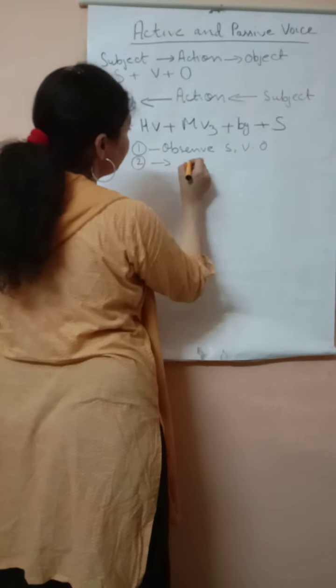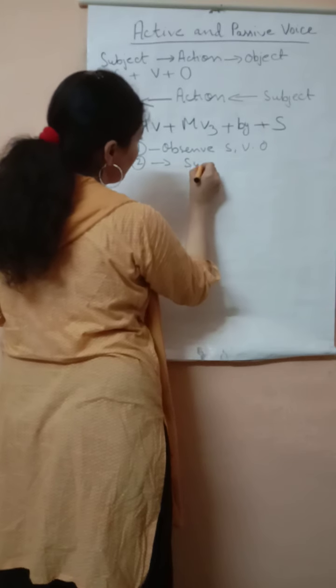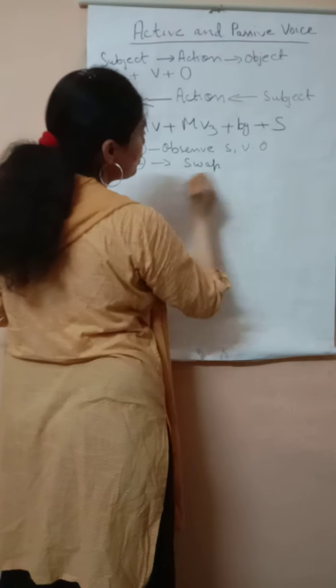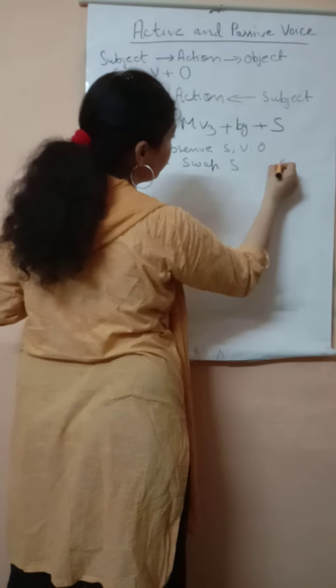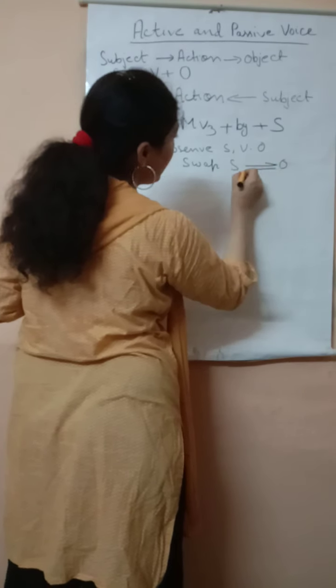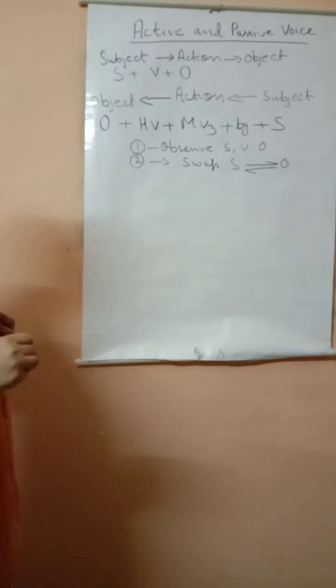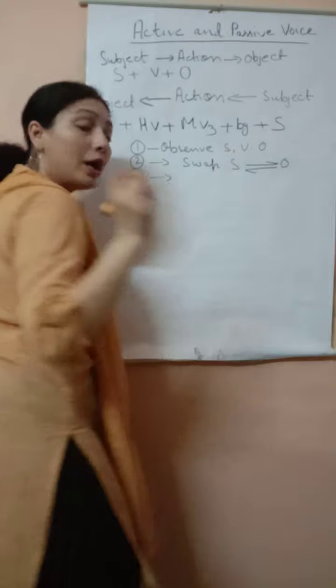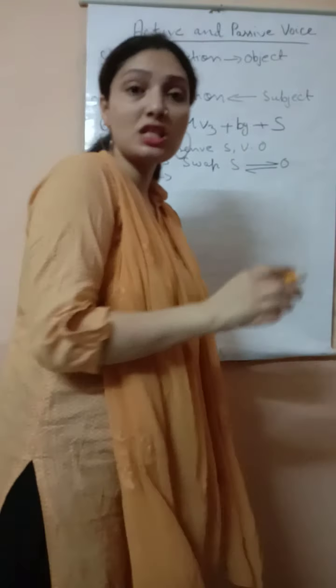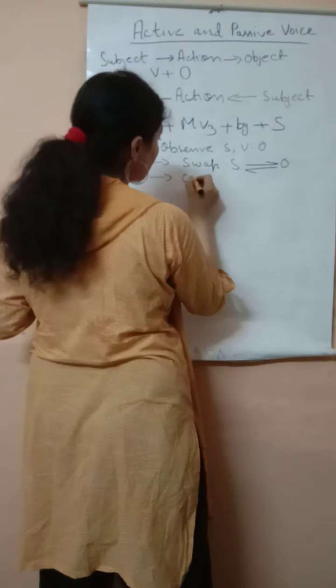Point number two, we swap. What do we swap? Subject from object and object from subject. Point number 3, we convert the verb, first form of the verb, into third form of the verb.